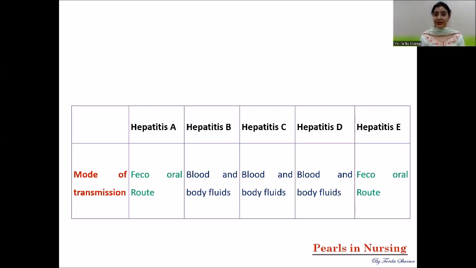What you have to remember is that always hepatitis D will happen if there is the presence of hepatitis B. इसका मतलब ये है कि किसी भी पेशेंट को hepatitis D तभी हो सकता है जब उसे hepatitis B भी हो. Why? Because hepatitis D virus is a defective virus. It needs hepatitis B for its replication and its multiplication.